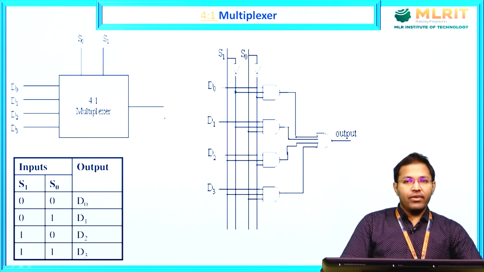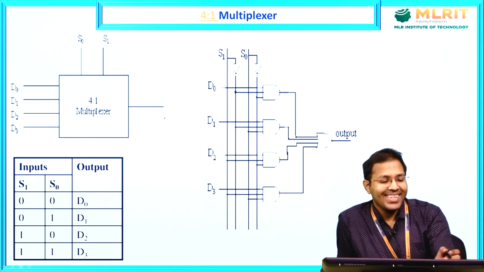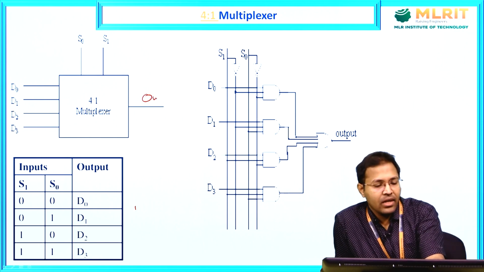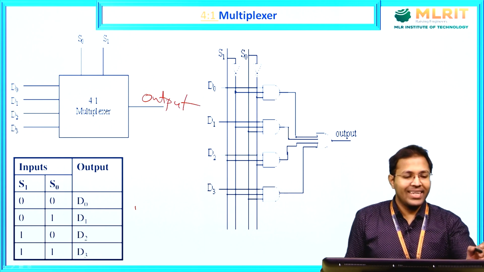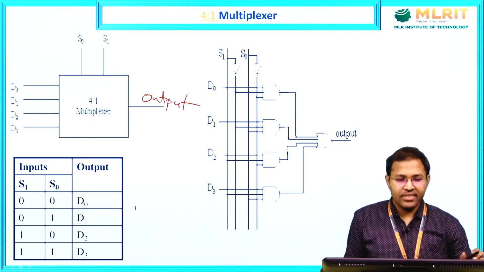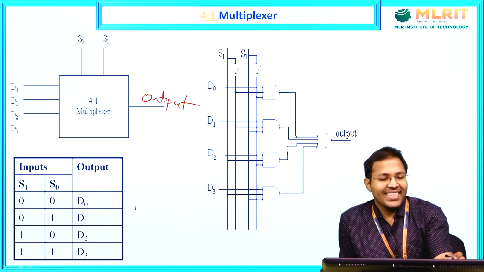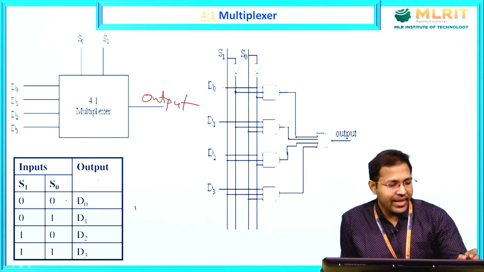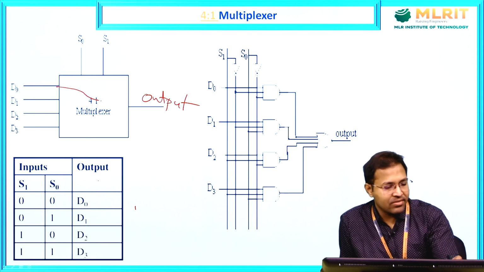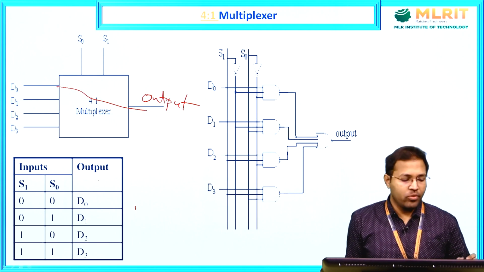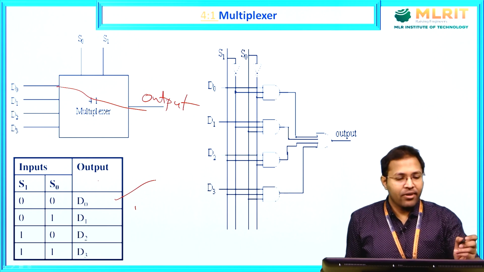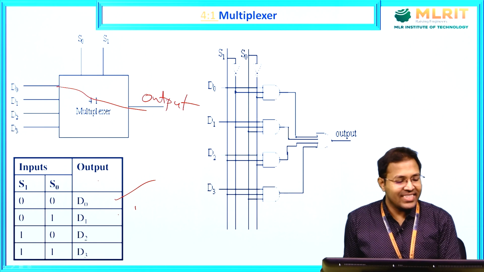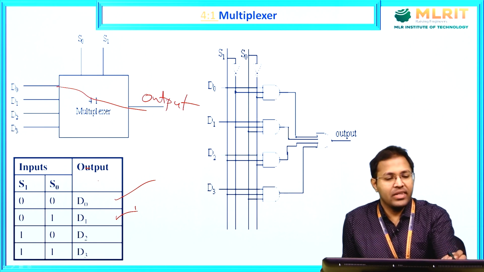Now we will discuss what should be the output in terms of the inputs and selection lines. When both selection lines are zeros, we pass the first input, D0, to the output. What are the 4 possibilities of selection lines?